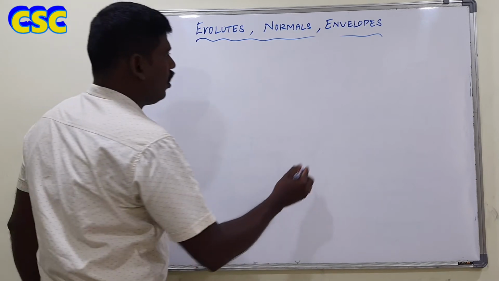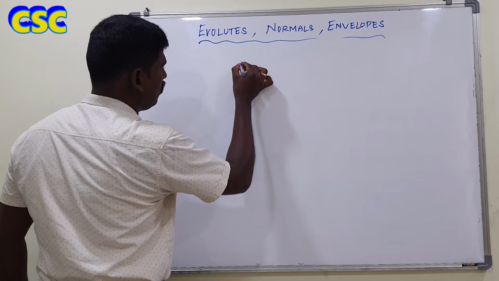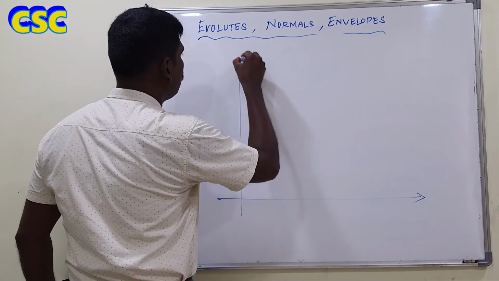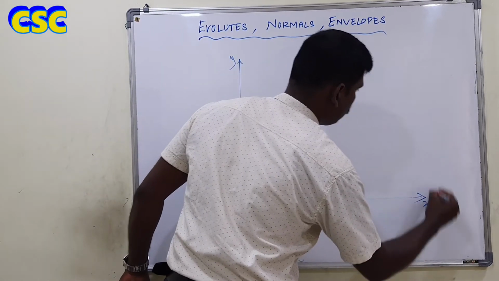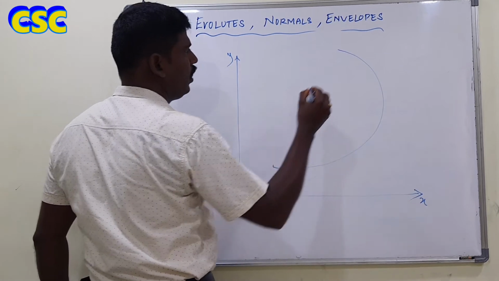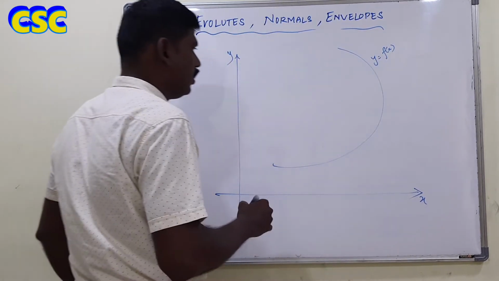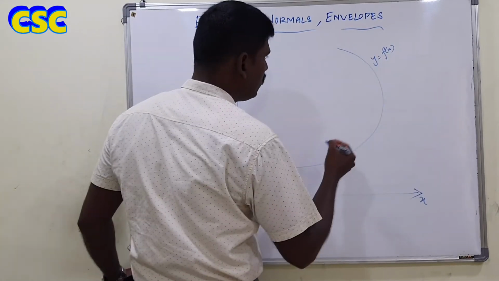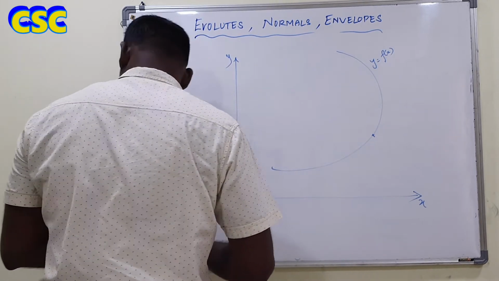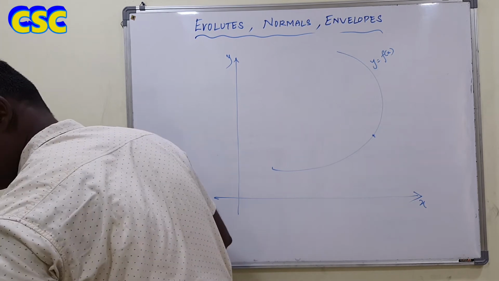Now consider a curve y equal to f of x. Mark a point on the curve y equal to f of x.